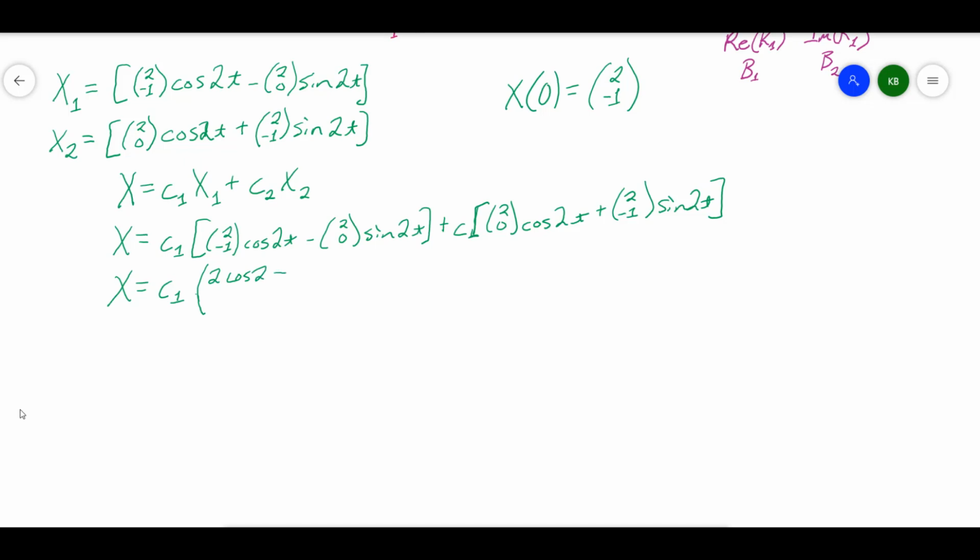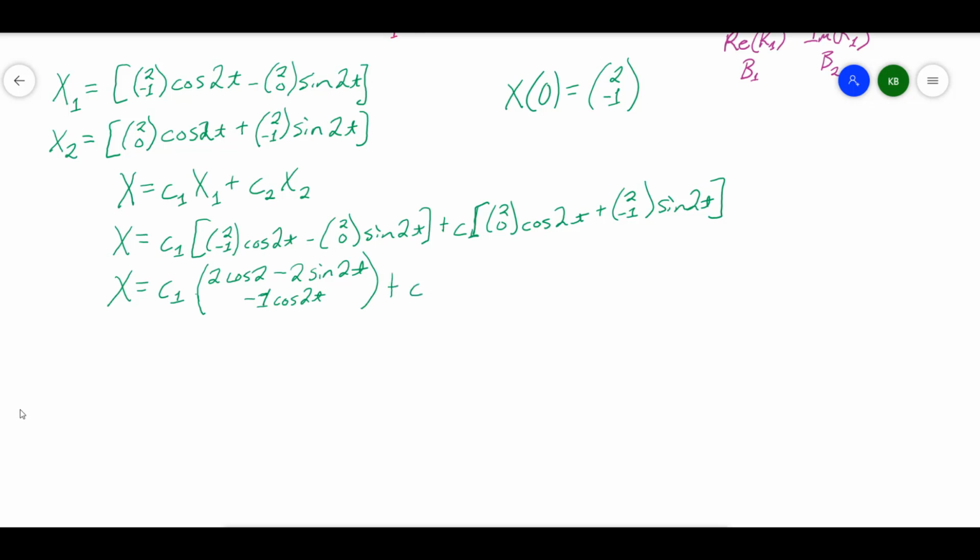And then we're going to subtract from that the top entry again, 2, the coefficient on sine 2t this time. Then we go to the bottom row of our vector. So we have -1 cosine 2t, and we have 0 times sine 2t. So that's the entirety there.